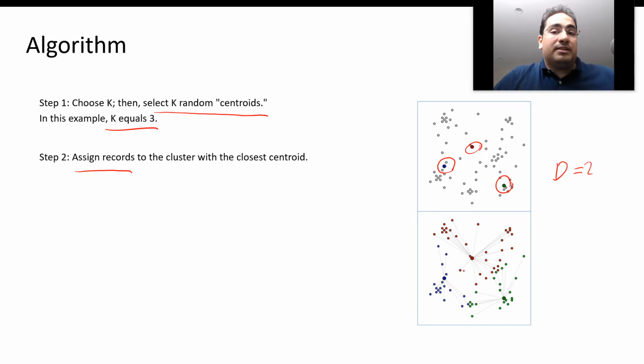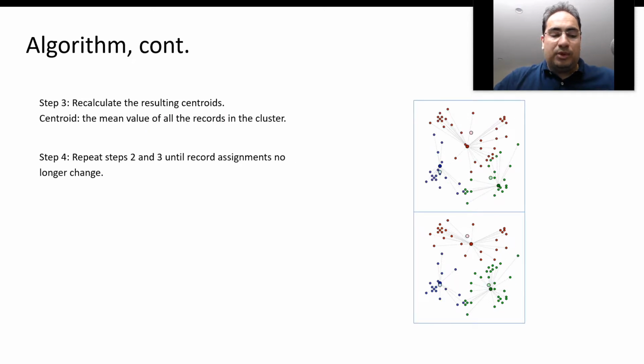But it might not, because the centroids are random. It's not going to be quite optimal. So there are more steps here. Then in step 3, it recalculates the resulting centroid. So it calculates the mean value of each centroid of all the records that are in each cluster.